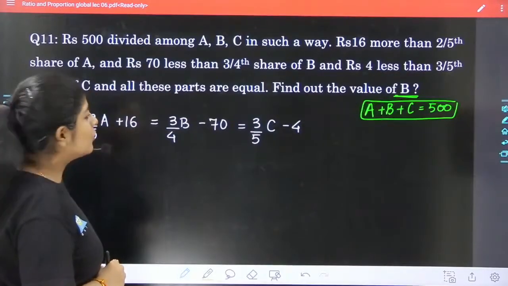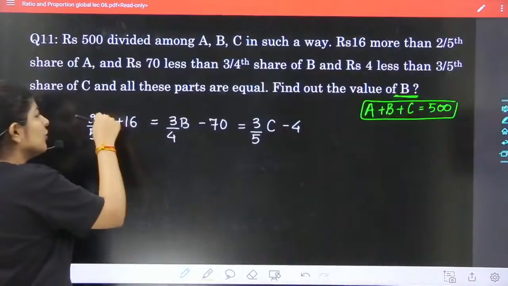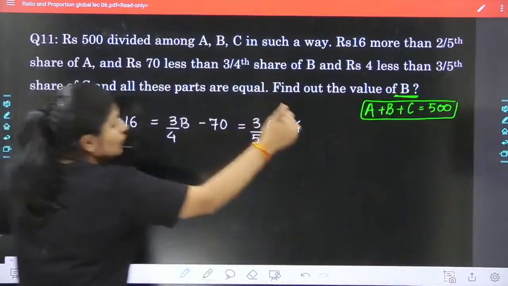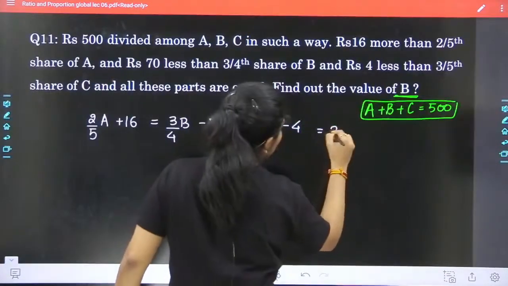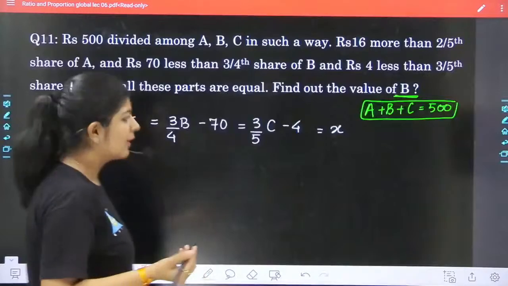Now to find the value of A, B and C, we assume it equal to x or k, right?